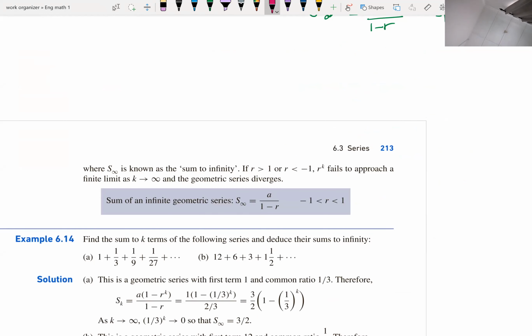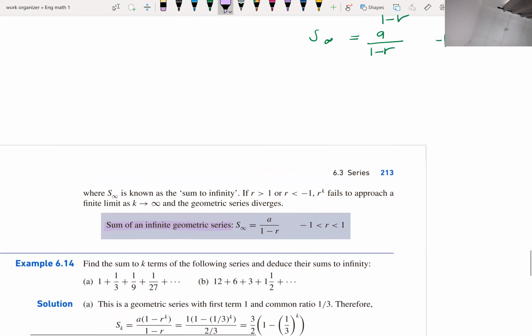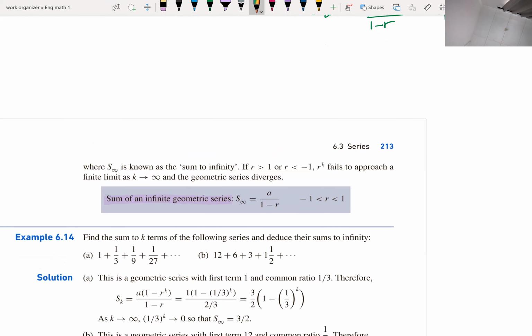This is the sum of an infinite geometric series. The keyword here is infinite, so this is what we are going to use.